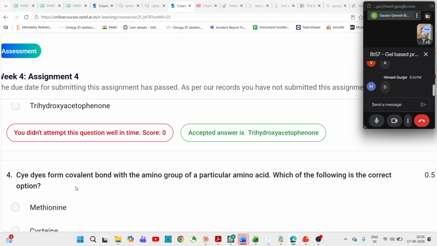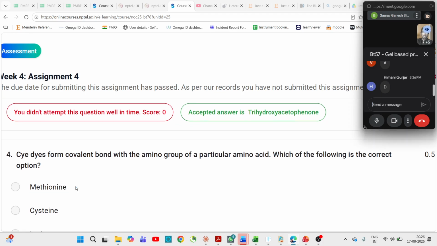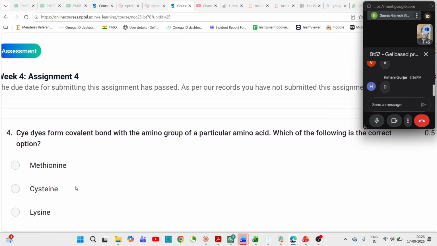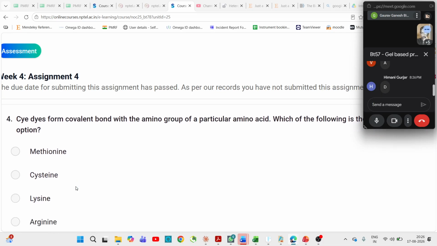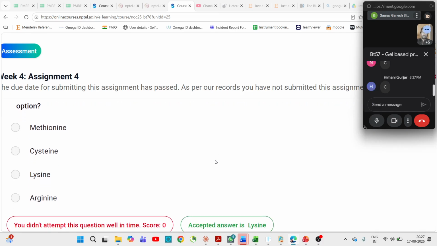Accordingly, they each have their own benefits. So CyDyes form covalent bonds with the amino group of a particular amino acid. Which is that amino acid? Which of the following is the correct option? Yeah, lysine.